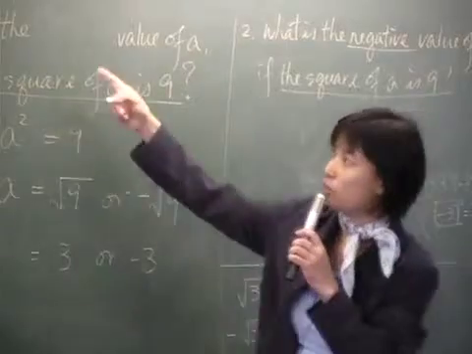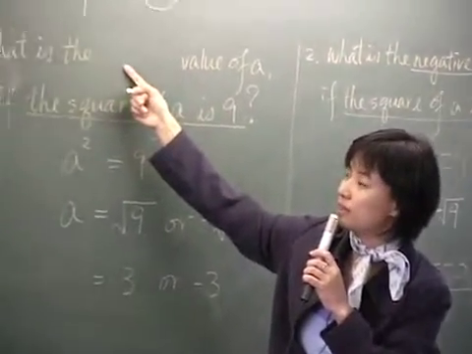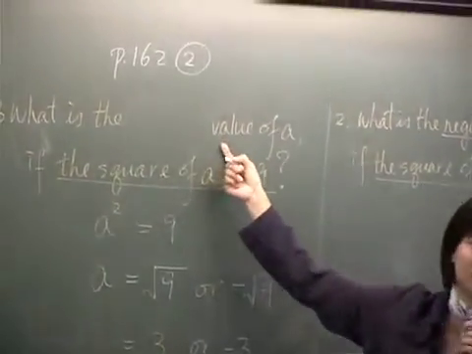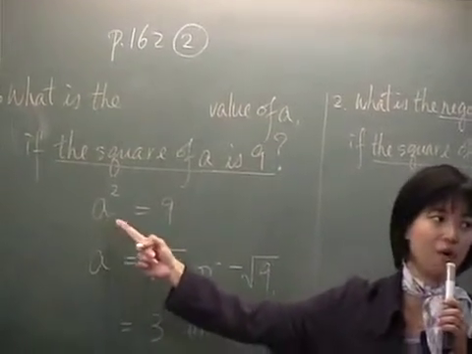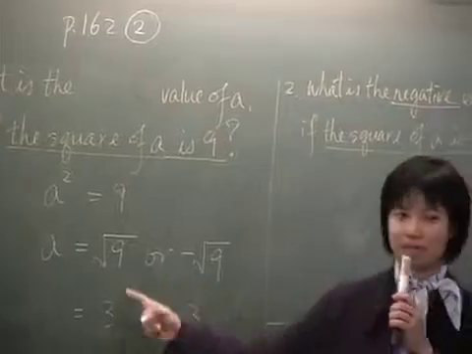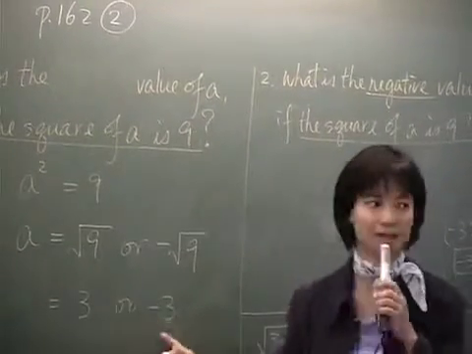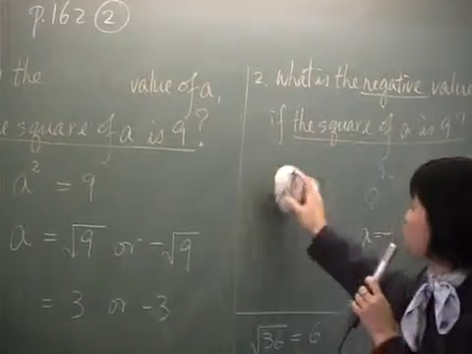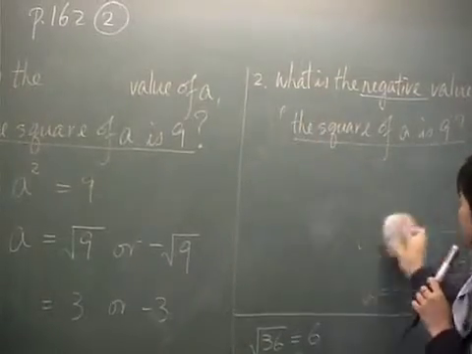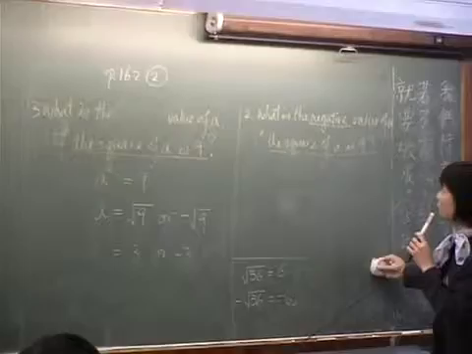So in the question, you want to find the value of A, and you know A may be positive or negative. So you can express it like this. There are two answers. Do you have any questions? If there is no question, please do it by yourself. Do it in your classwork.